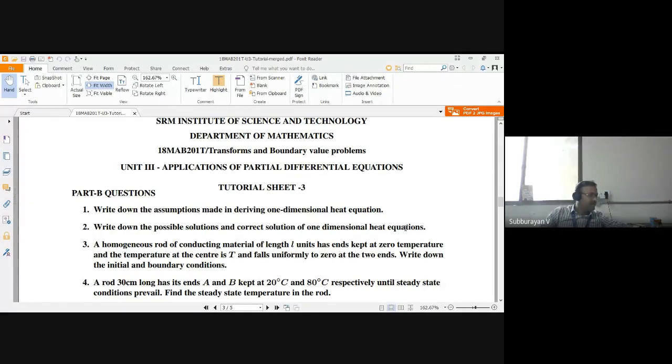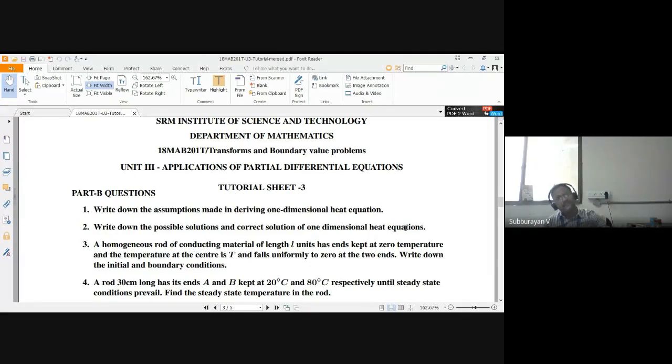A e to the power lambda x plus b e to the power minus lambda x, into e to the power alpha square lambda square t, right? This was the first solution. And the second solution was a cos lambda x plus b sin lambda x into e to the power minus alpha square lambda square t. And the third solution was ax plus b.